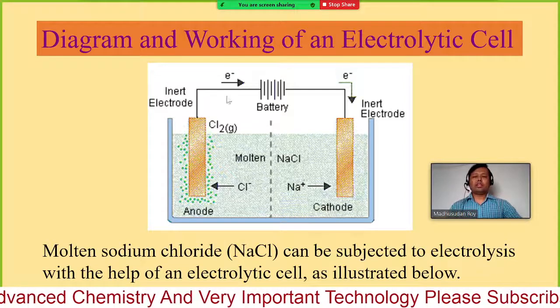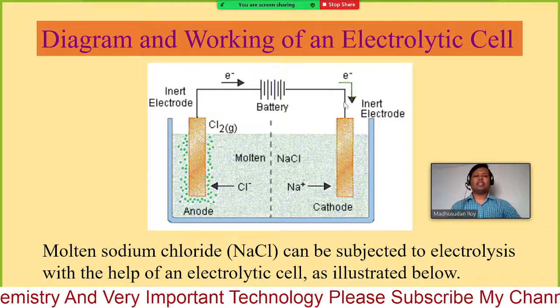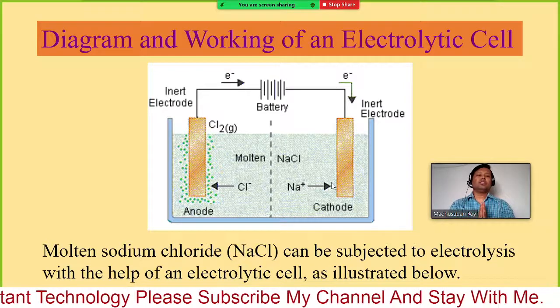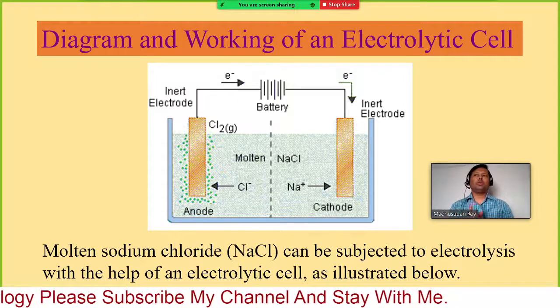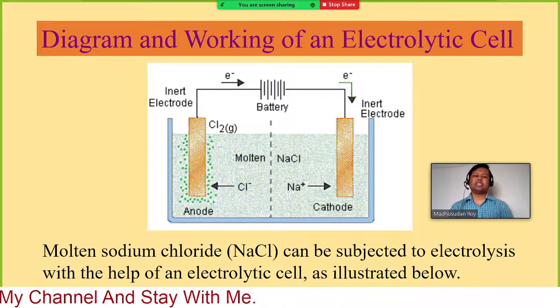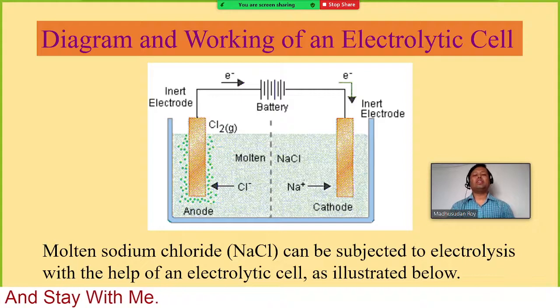So this is a half cell, and this is another half cell. Every cell has two different half cells. So what are the reactions, or how much electricity is either used or generated?